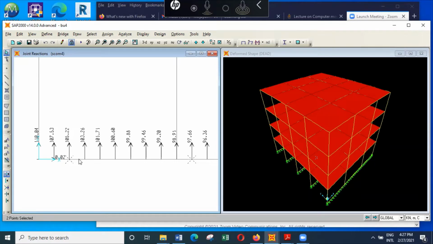So if you have a minor variation here, it is not going to cause a major problem, because the soil in this area also will be participating in resisting this load. So you will find that the stresses can disperse in this direction, and because of that, sometimes if you get a minor violation here, it may not be a major problem.